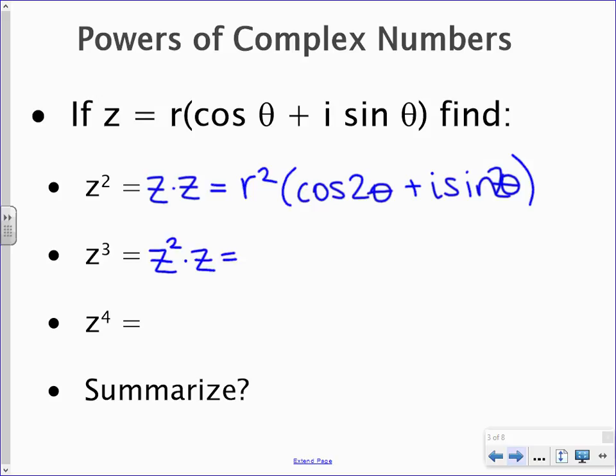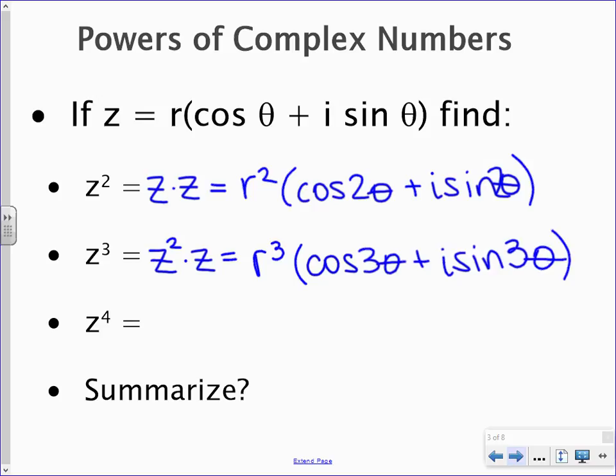Do you agree? Okay. So if we multiply these two numbers together, we have to take r times r squared. And then we have to add the angles. Theta and 2 theta would make. Okay.